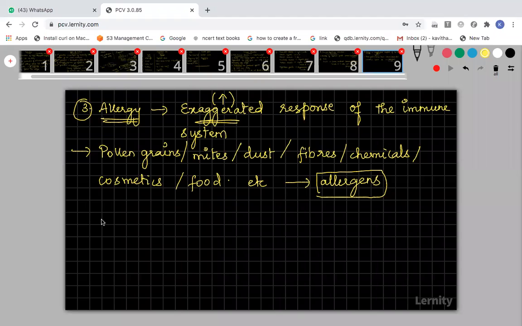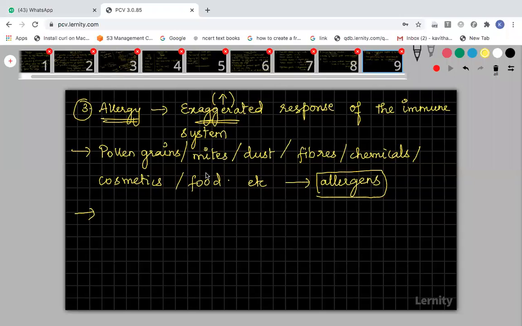Already we have discussed immunoglobulins, the immunoglobulin which is responsible for causing allergy. Can you tell me which immunoglobulin is responsible for causing allergy? Under the 5 immunoglobulins we discussed, I told you one immunoglobulin is highly responsible for causing allergy. Can you tell in your chat which immunoglobulin that is?